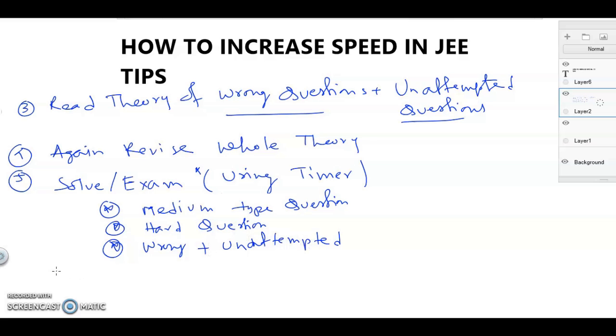Now the sixth step is to just repeat the above steps again and again.